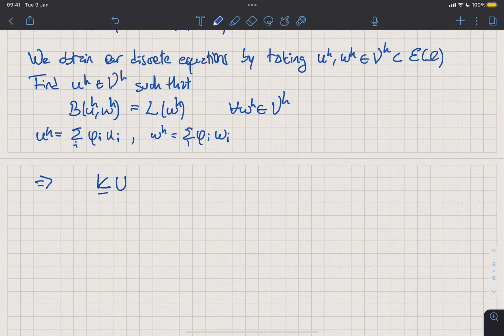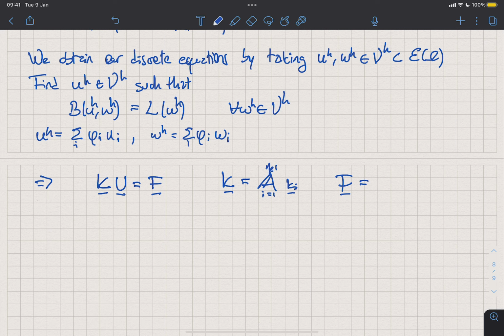our system KU equals F, where K is the global stiffness matrix that is obtained by assembling the contribution of all local stiffness matrices, the Ki. This is a local stiffness matrix, and the same with the force vector.